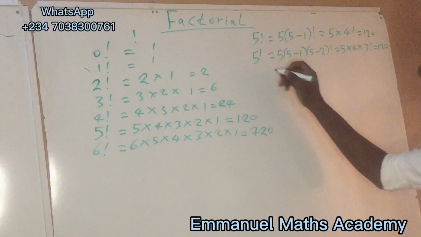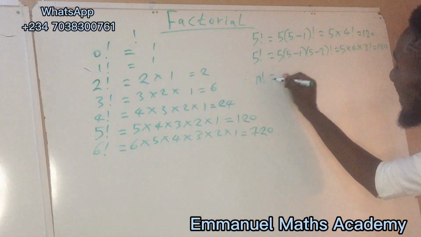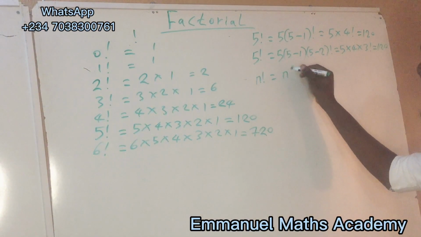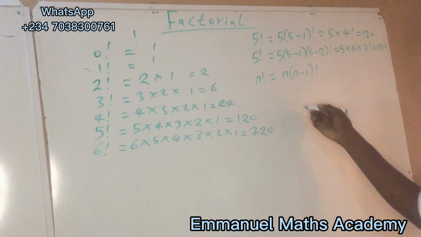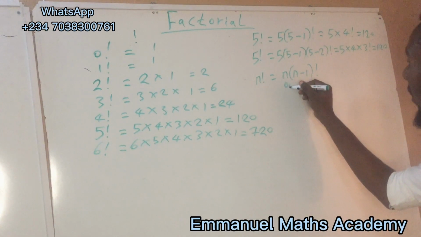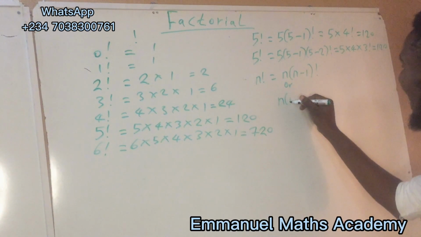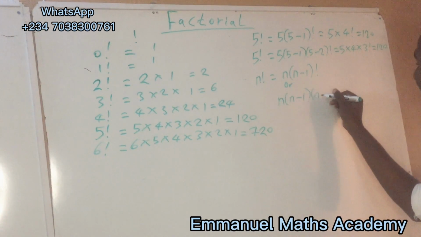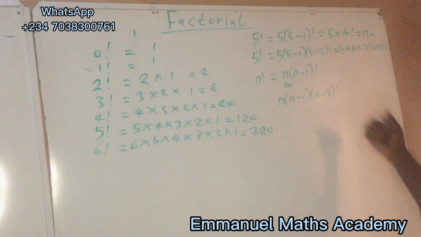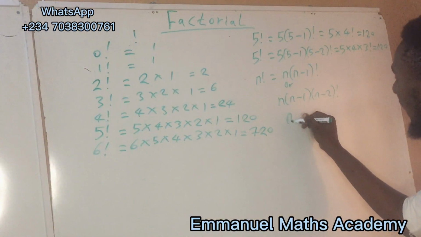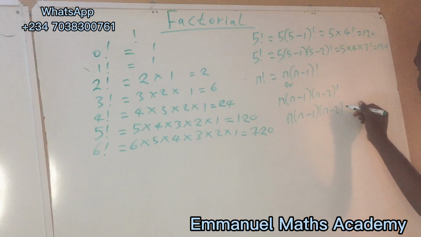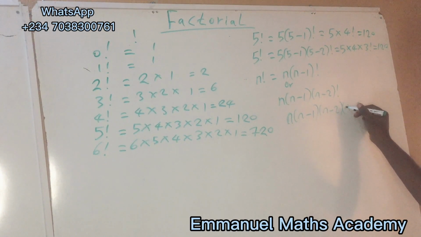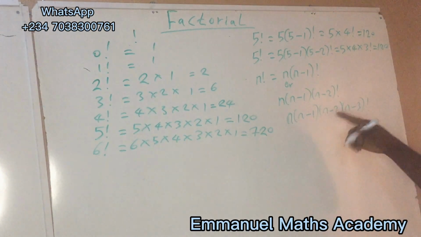Then generally, that means our n factorial is equal to n times (n minus 1) factorial, or n times (n minus 1) times (n minus 2) factorial, or n times (n minus 1) times (n minus 2) times (n minus 3) factorial. As simple as that.